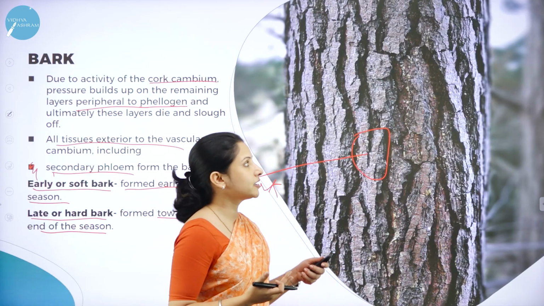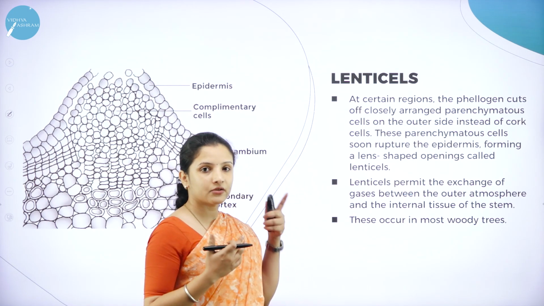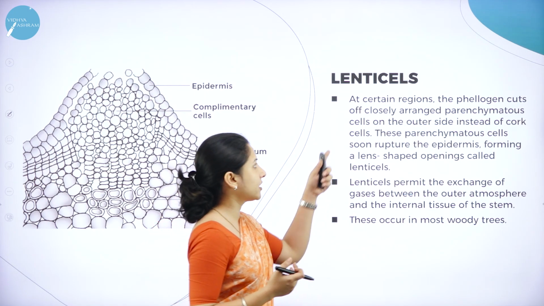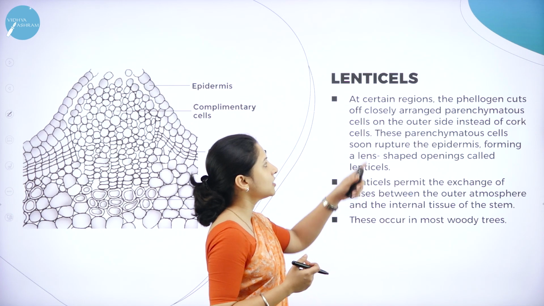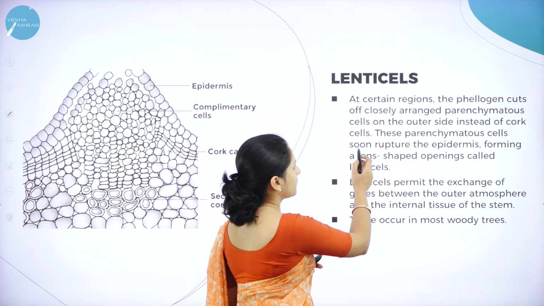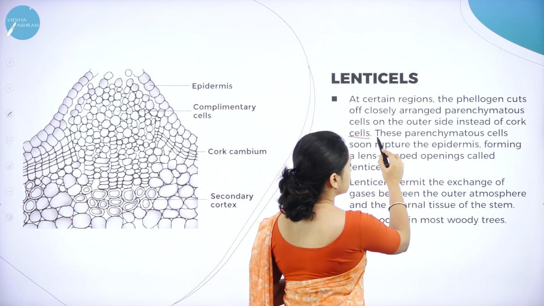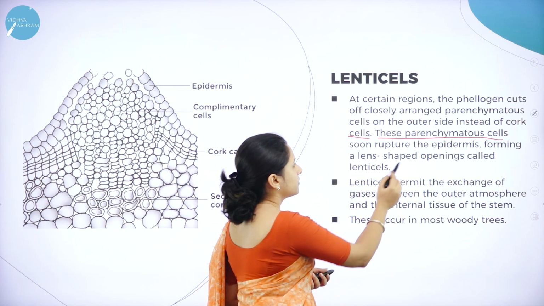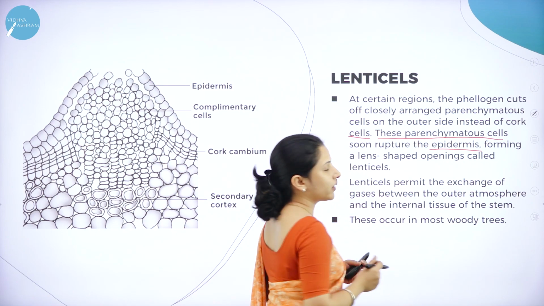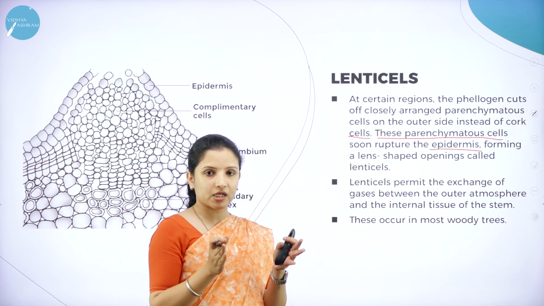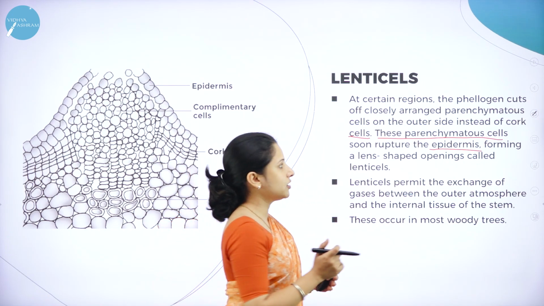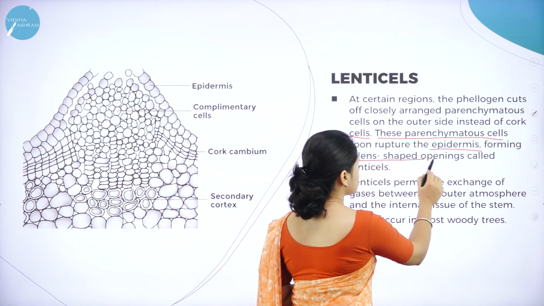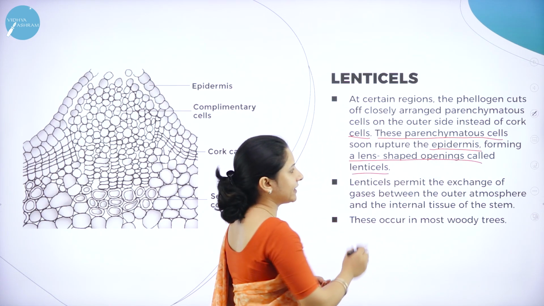So once the secondary cortex is formed, at certain regions wherever there are parenchymatous cells on the outer side instead of cork cells, these parenchymatous cells will rupture the epidermis. Why? Because pressure is being created. They will rupture the epidermis and form lens-shaped openings called the lenticels.